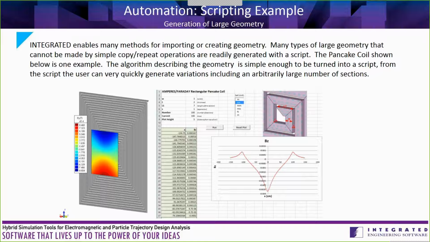So there is no easy copy-paste repeat operation that's going to generate this whole coil. But it is a regular enough process that you can define it by a few parameters and write a script to generate it. So this is one of our newer sample scripts that we ship that lets you generate a pancake coil.